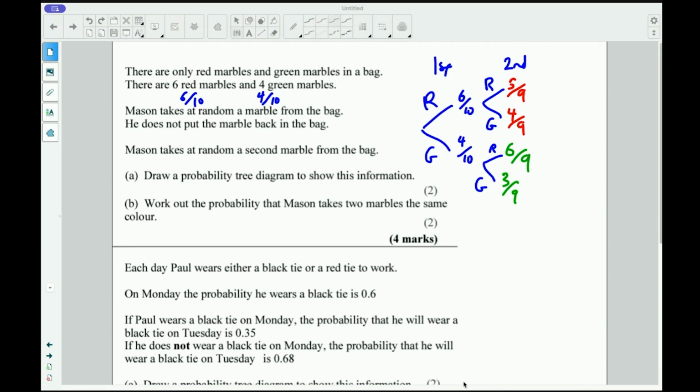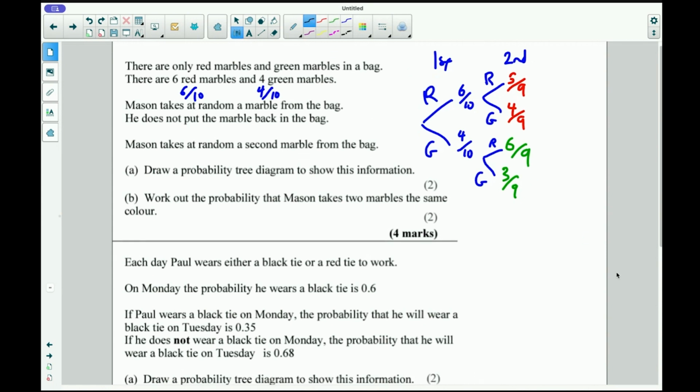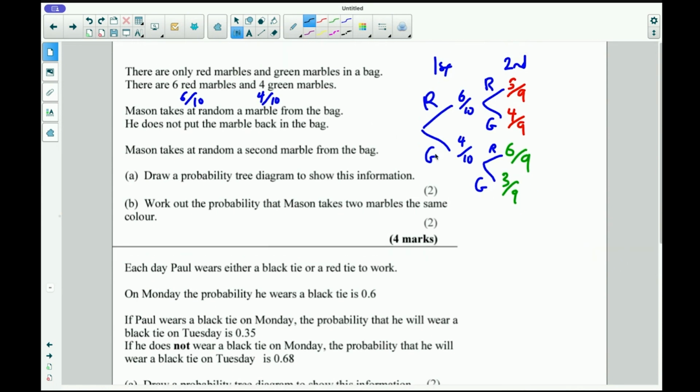Now we can go ahead and write down our probabilities that he takes 2 marbles of the same color. If we look at what it's asking us, we want the probability of red and red.